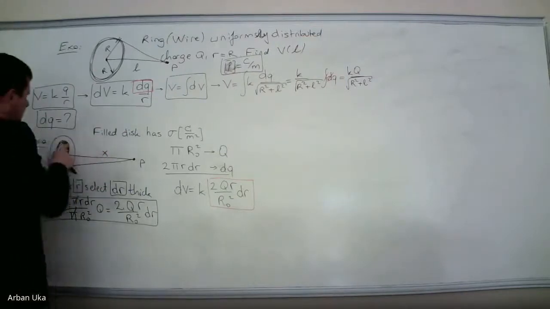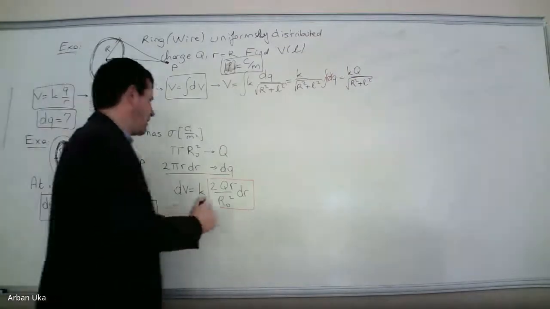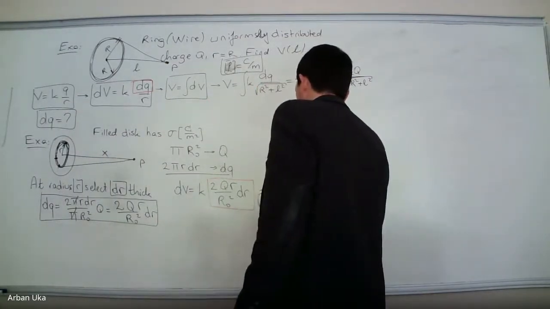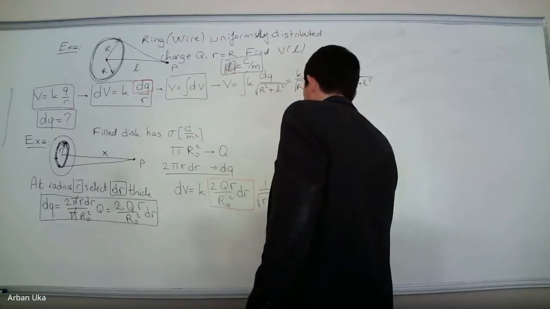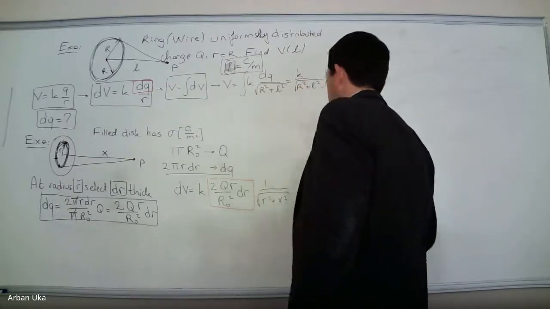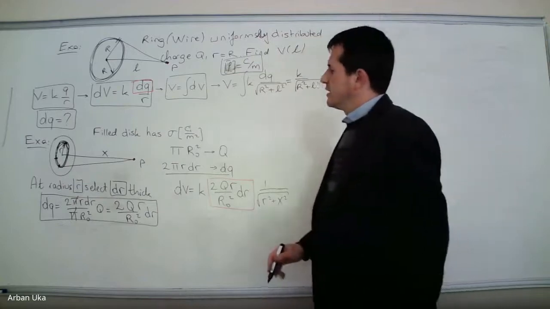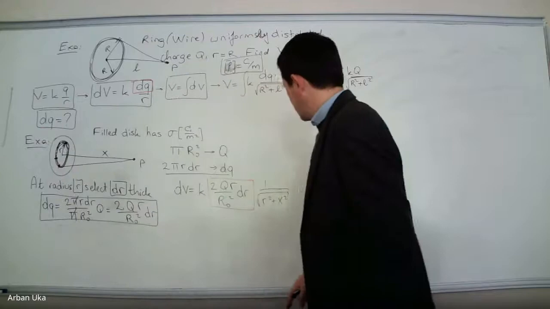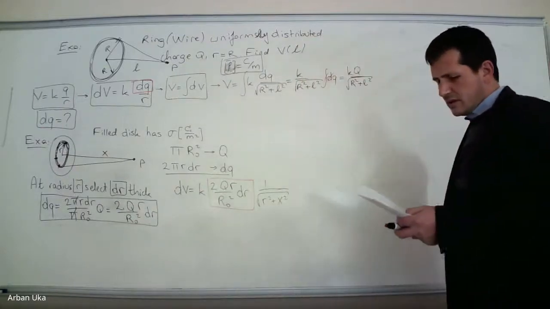Now r is the distance from these charges down to here, so this will be equal to 1 over the square root of r squared plus x squared. Let's notice that x is a constant value, but r is changing. Okay, so this is the dV.